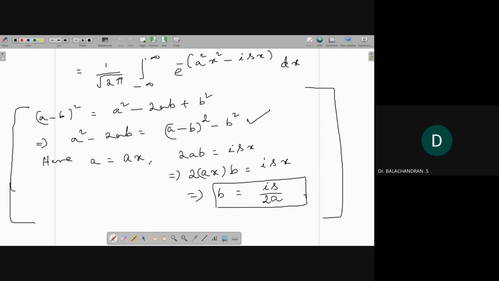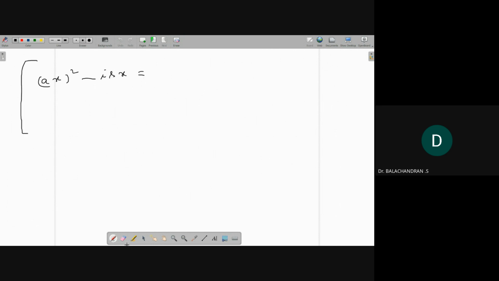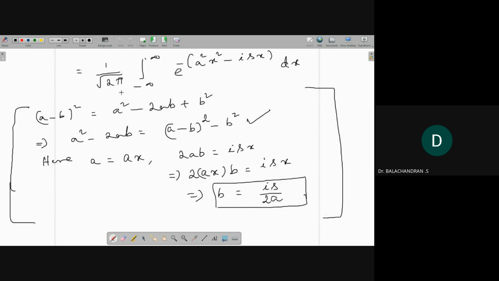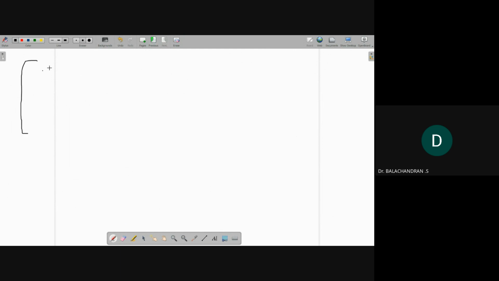So I'll write again this identity and then I'll substitute. What is the identity? a square minus 2ab equals (a minus b) whole square minus b square.